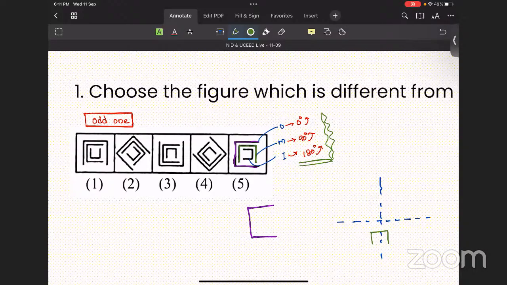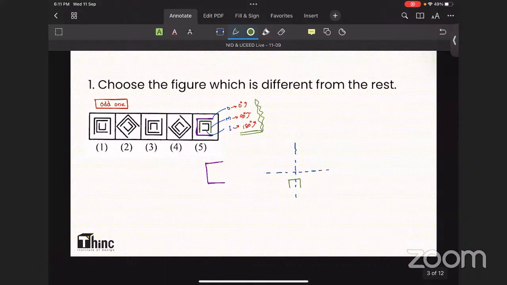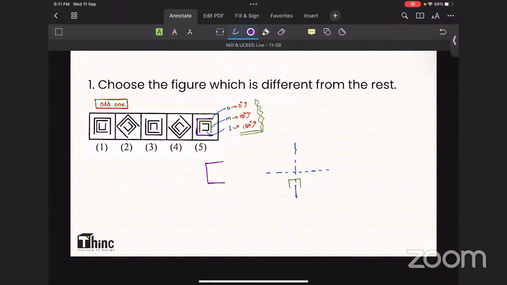I only draw these two lines over here. Actually, in the previous figure, we can see a number of angle lines. Anyway, we are not going to draw all those because we only want 90 degree rotation. So now it is focusing downward.